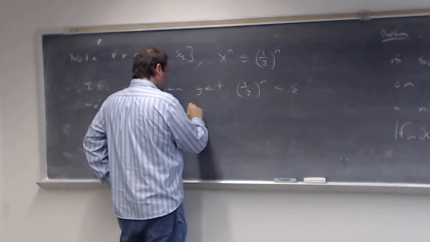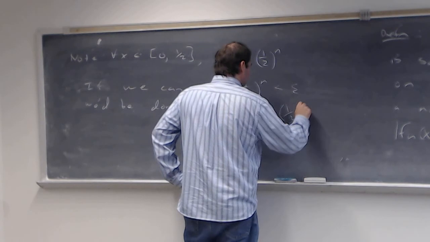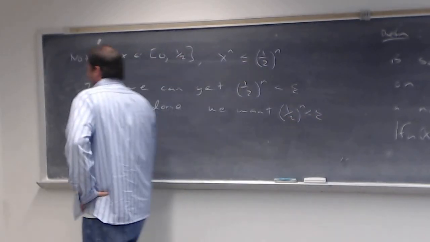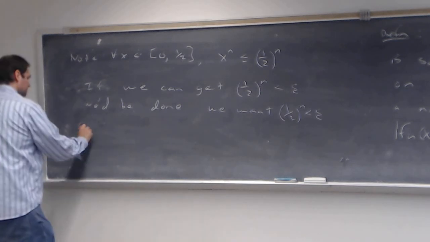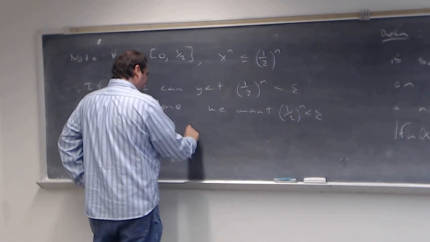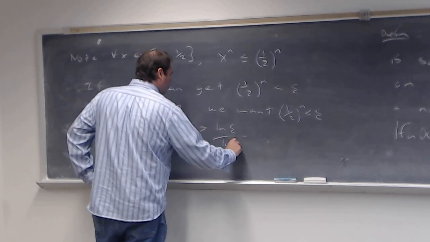Well, so we want 1/2 to the n to be less than epsilon. Well, that's the same problem we had before when we just had x to the n to be less than epsilon. So we want n to be greater than ln of epsilon over ln of 1/2.